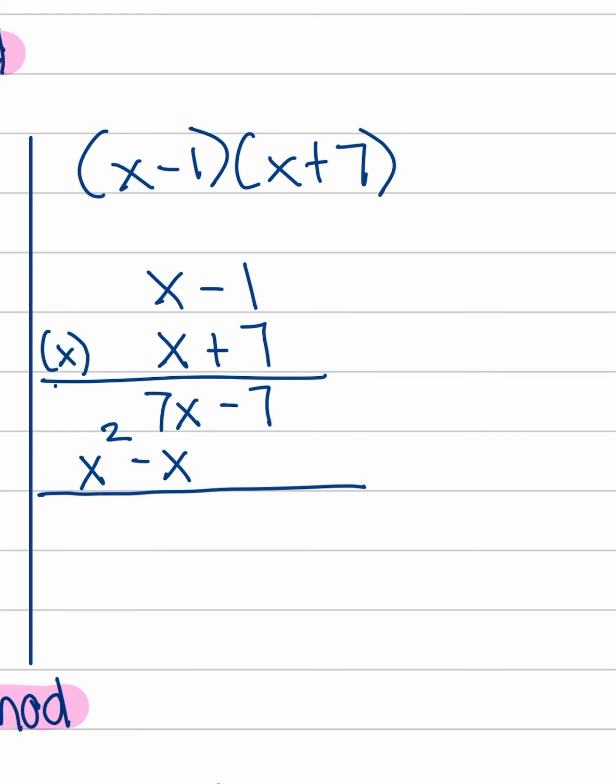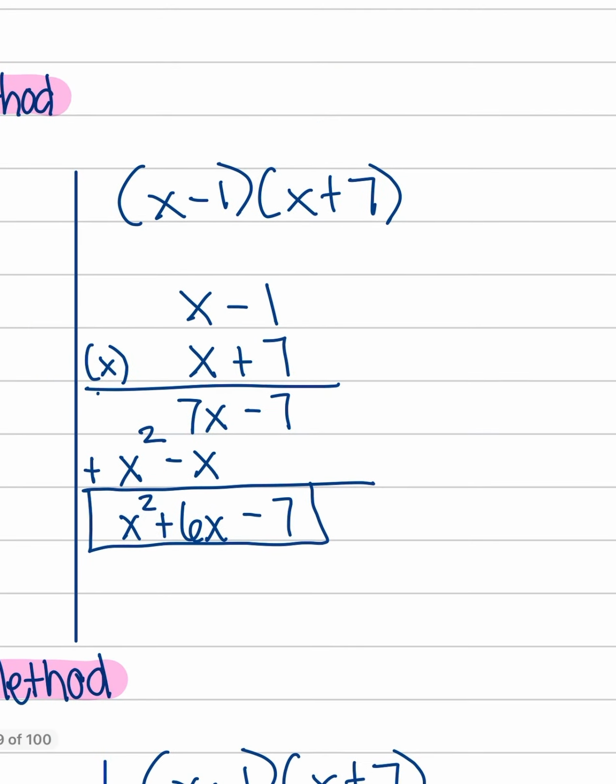And then, just like with normal multiplication, I'm going to add my 2 layers together. My -7 doesn't have a like term. 7x minus an x gives me 6x, and my x squared doesn't have a matching term. Since my 6x is positive, I'm going to put a plus sign in between. So that would be our answer for that one.